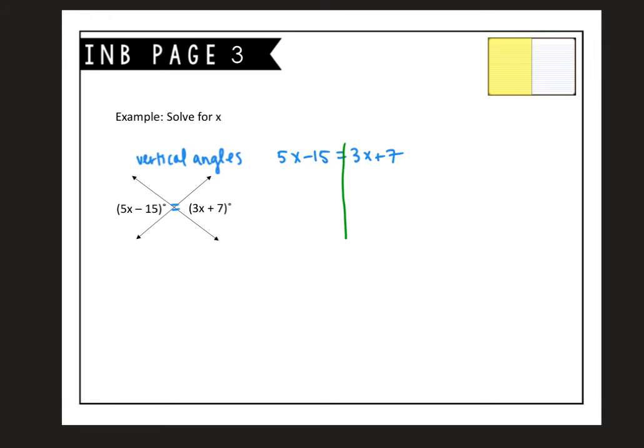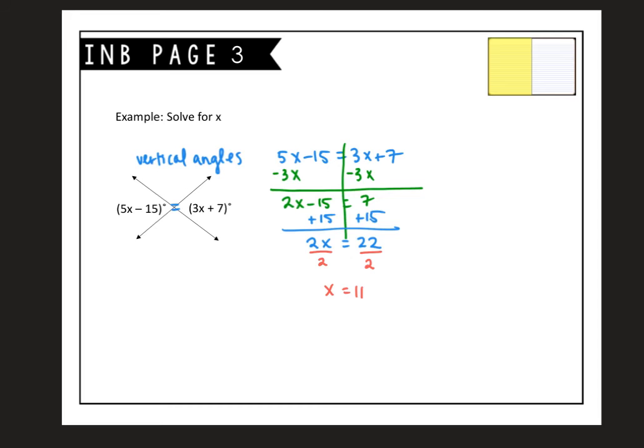I'm going to put my variables on the left-hand side, so I'm going to subtract 3x. So I have 2x minus 15 equals 7. Now to solve for x, I'm going to add 15. So I have 2x equals 22. And then divide by 2. So x equals 11.